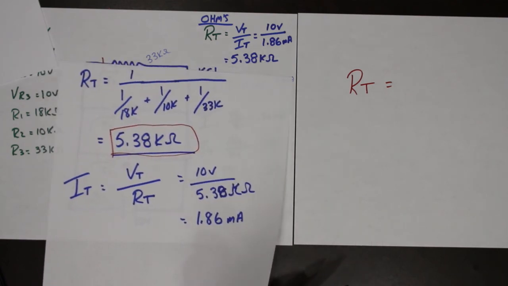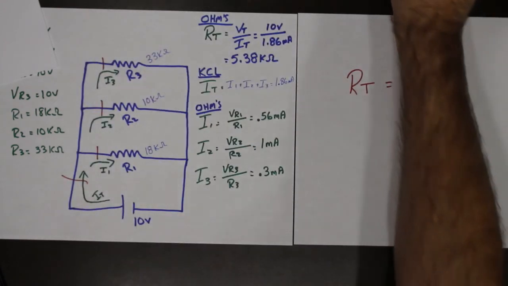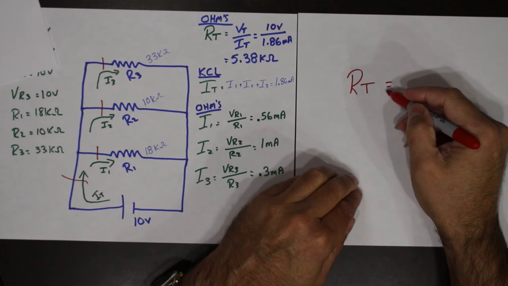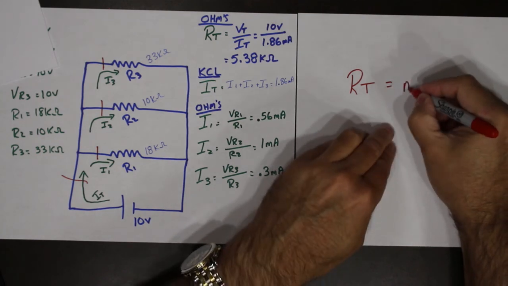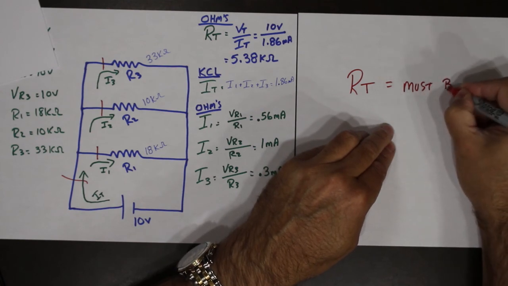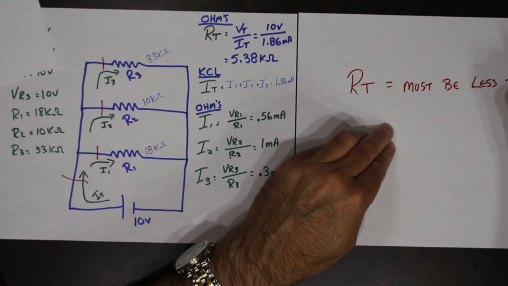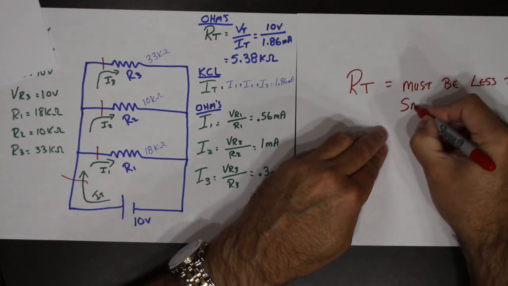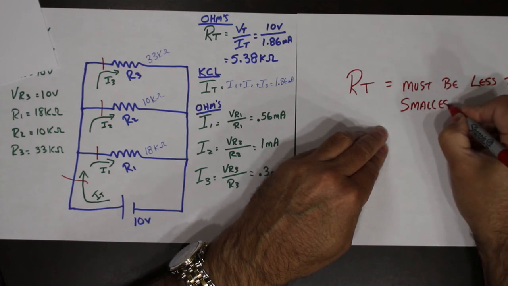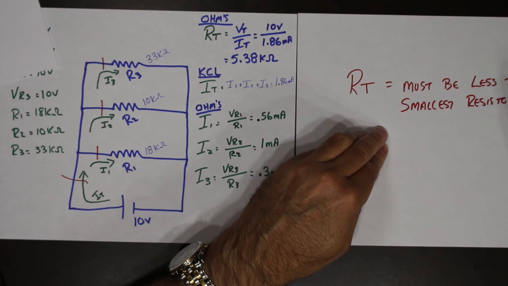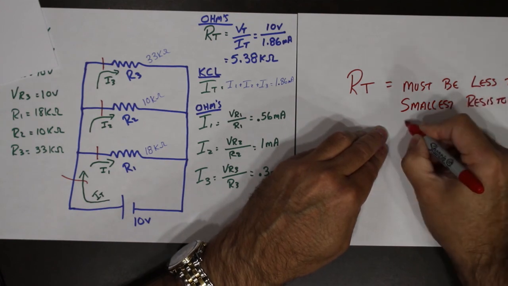In a parallel circuit, R total of a parallel circuit must be less than the smallest resistor in the network.